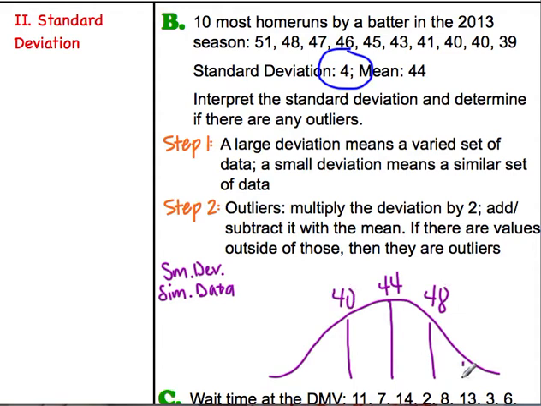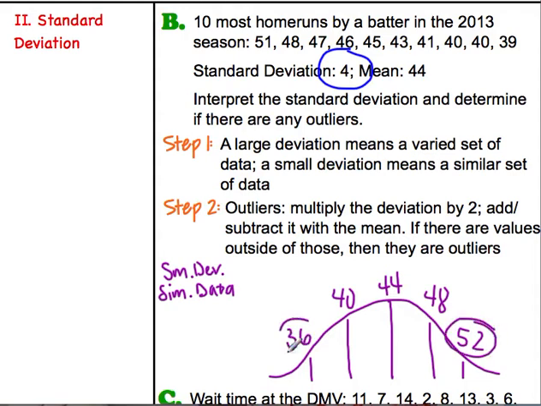And then if we want to look at 2 standard deviations to get that idea of outliers, I would see 52 and 36. Now the easier way to do it, so you don't have to draw the bell curve each time, would be to, like it says in step 2, multiply that deviation by 2 and then add or subtract it with the mean to get these values. So as you can see, 4 times 2 is 8, and if I add 8 to 44, I get 52.